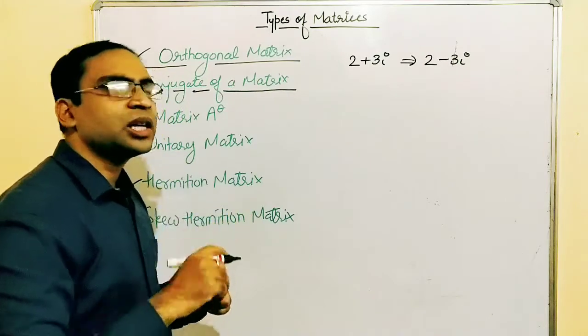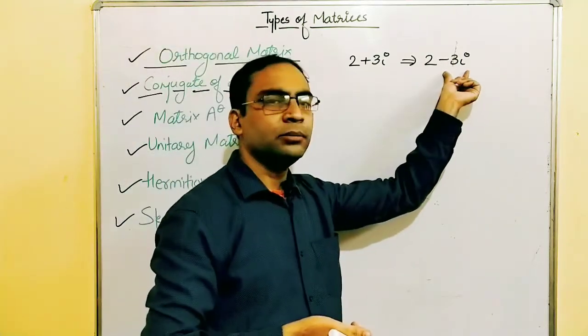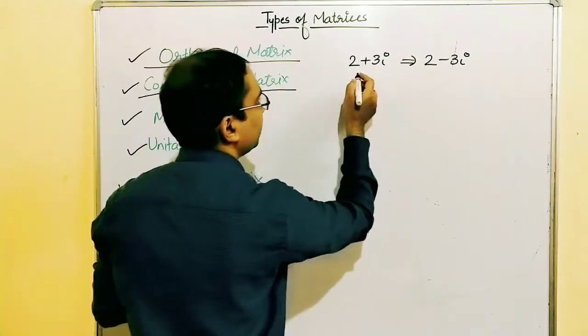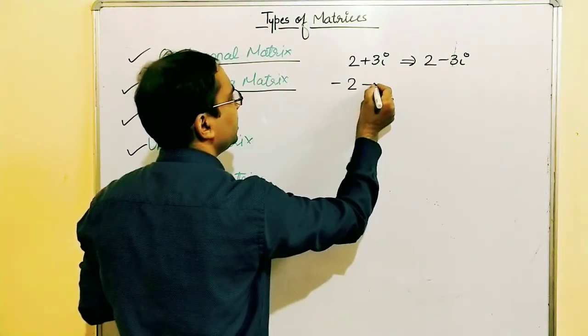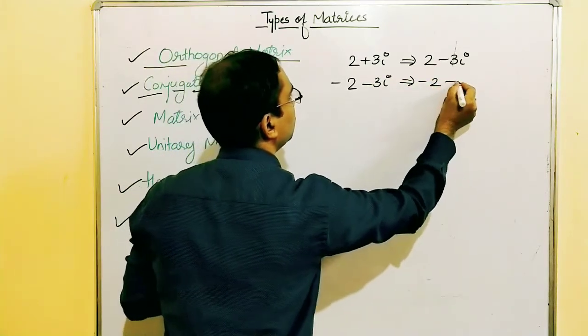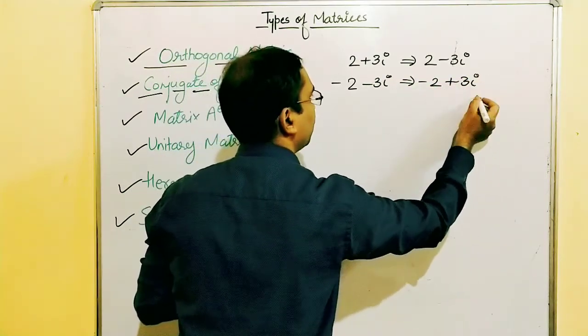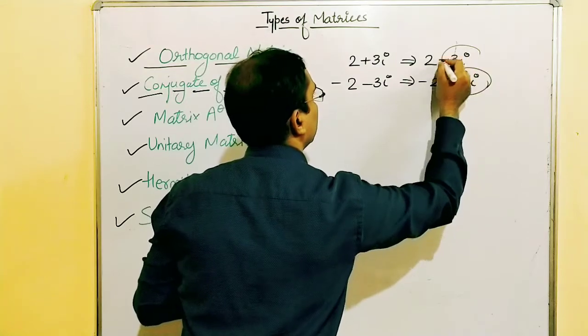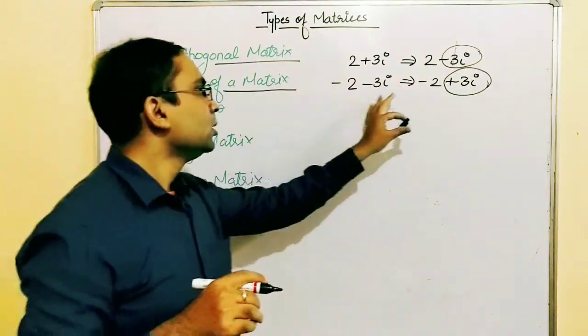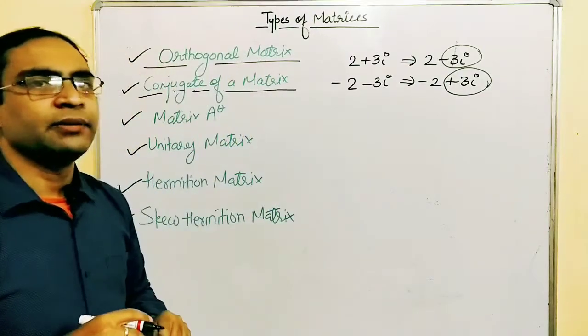Yes, we change the sign of the imaginary term. If this is plus, then this will be minus. If we have, let's say, minus 2 minus 3i, then its conjugate will be minus 2 plus 3i. Remember, we only change the imaginary term's sign. So this is the conjugate of the given element.